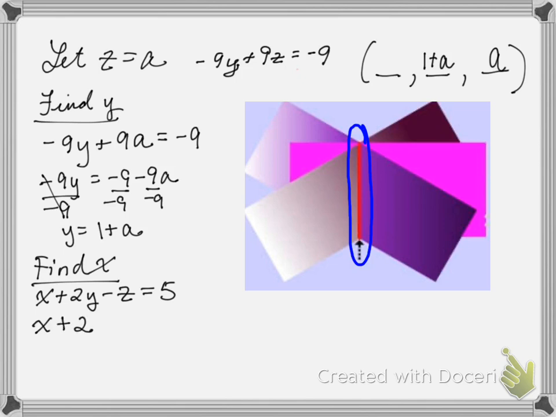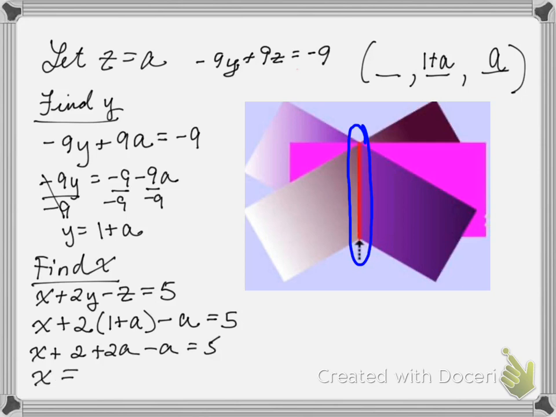x plus 2, now we have agreed, if you look up to the right, that y is 1 plus a. I'm going to substitute that for y. And z, we said at the outset, is equal to a. And from here, I'm going to solve for x. x plus 2 plus 2a minus a equals 5. x is equal to this 2a minus a is a, and I'm going to subtract that.